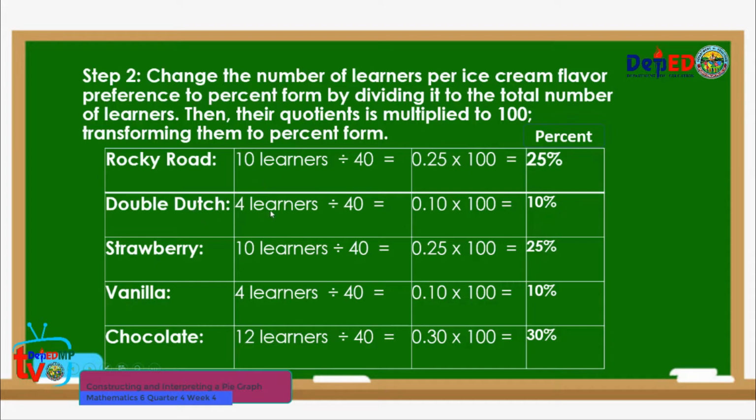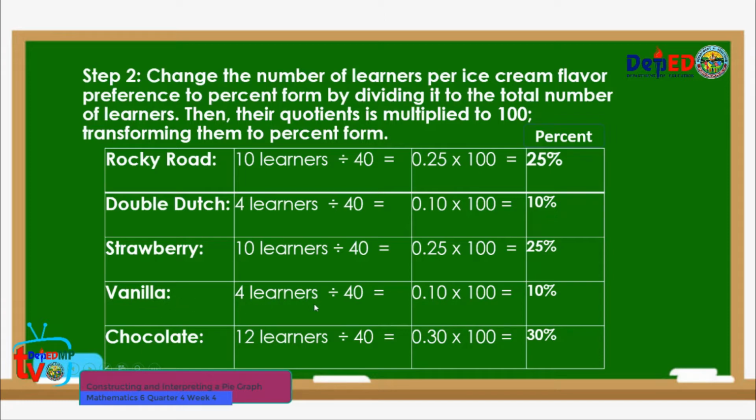Double Dutch has 4 learners, divided by 40 total number of learners, and that is equals to 0.10 or 10 hundredths. Then multiply it to 100, and that is equals to 10%. Strawberry has 10 learners, divided by 40 total number of learners, and that is equals to 0.25 or 25 hundredths. Then multiply it to 100, and that is equals to 25%.